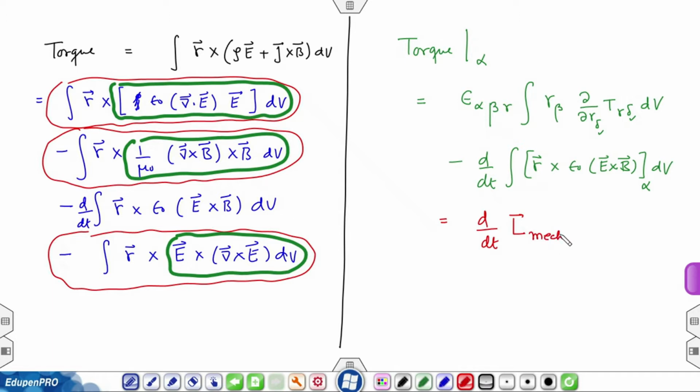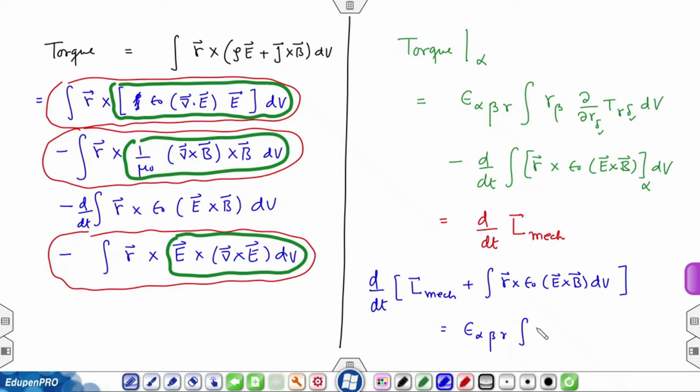So, I can now rewrite this as d by dt of L mechanical plus integral r cross epsilon 0 E cross B integrated over the volume is equal to epsilon alpha beta gamma r beta d by dr delta of T gamma delta dV.